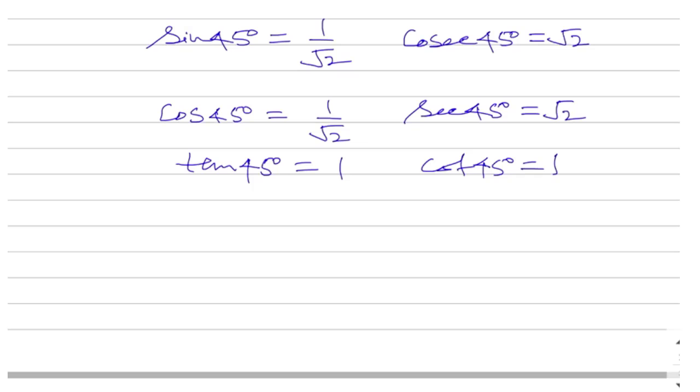So these are the values of the trigonometric ratios of 45 degree.